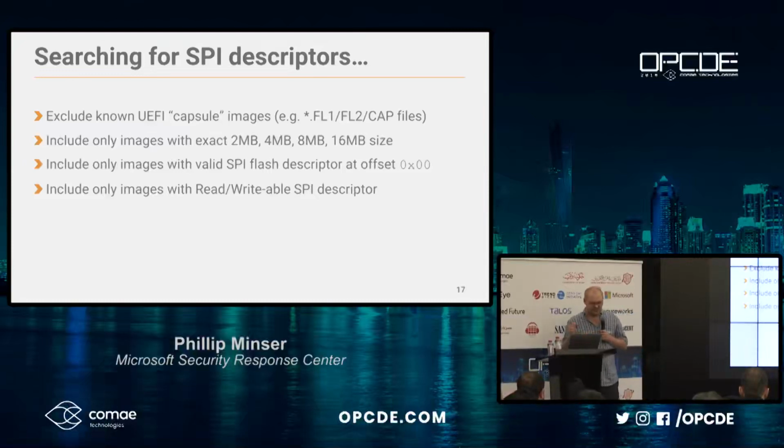Then we need the image to have an exact size, because if it has the exact size, it has a flash descriptor in it, because the flash descriptor is part of the size of the flash memory. Then we need to make sure that the SPI descriptor is sitting at offset 0. So it's really a valid SPI descriptor at offset 0. And then we need to make sure that the SPI descriptor is not protecting itself.